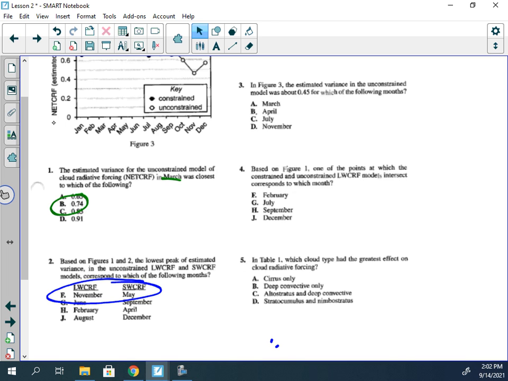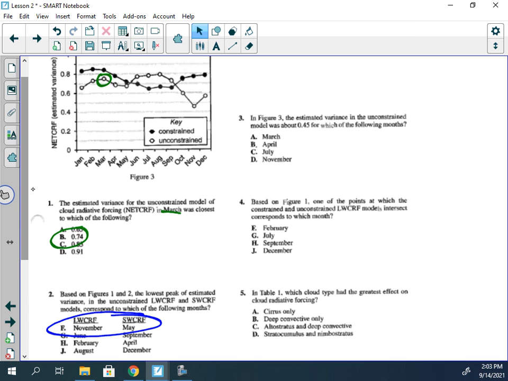Question number 3. In the figure, the estimated variance in the unconstrained model was about 0.45. Which of the following months? Would be November. All right. Question number 4, if there's no questions on 1 through 3. Based on figure 1, one of the points at which the constrained and unconstrained LWCRF models intersect corresponds to which month?